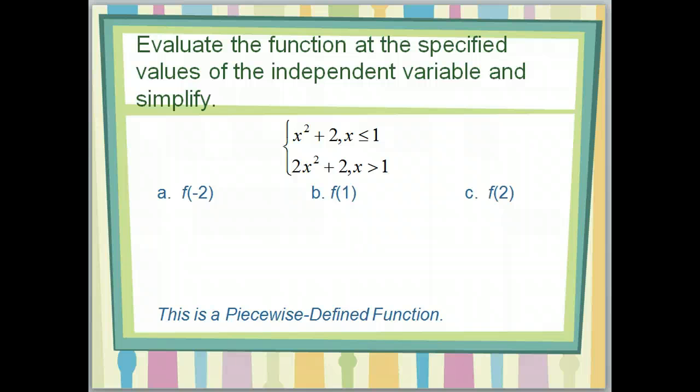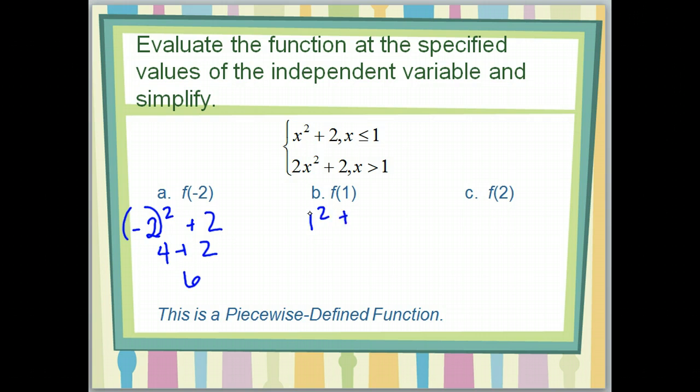So for part A, f of -2, we will use the first equation because -2 is smaller than 1. So we're going to write -2 squared plus 2. That's going to give us 4 plus 2, and that equals 6. For f of 1, we again use the first equation because 1 is equal to 1.